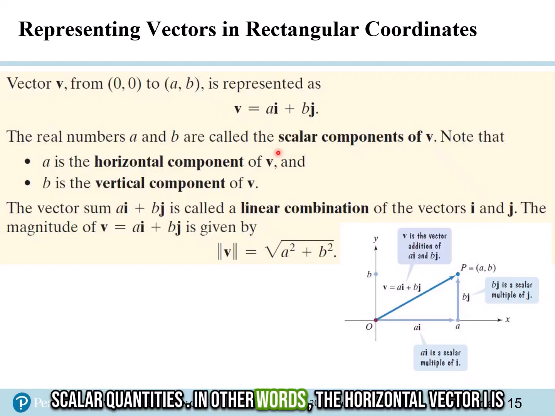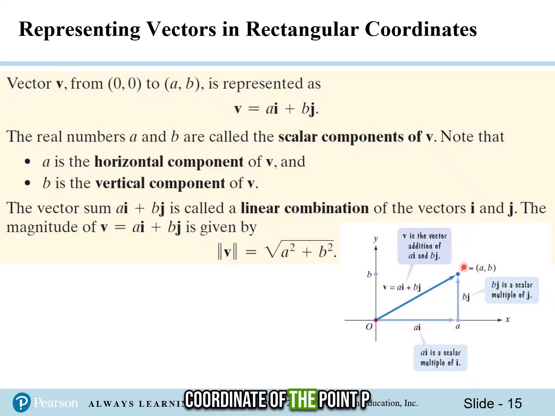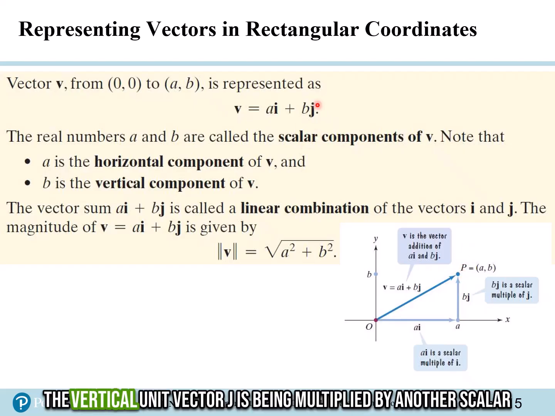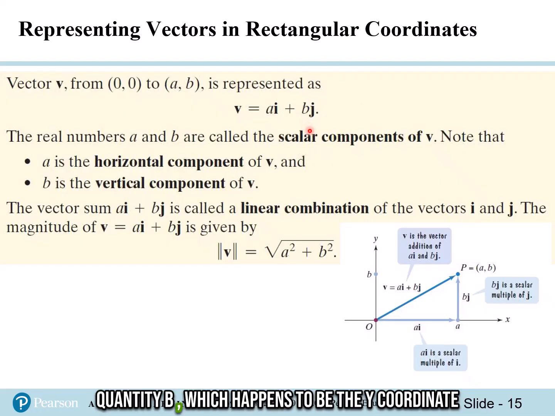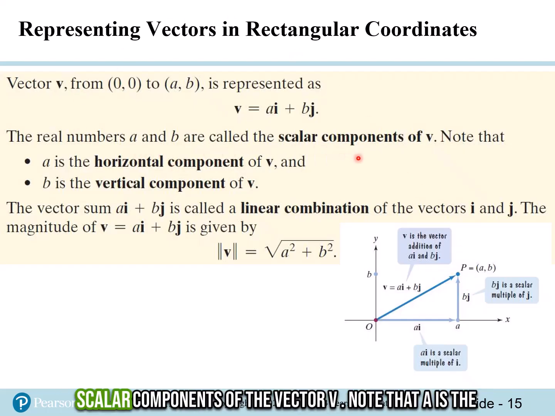In other words, the horizontal vector i is being multiplied by a scalar quantity a, which is the x coordinate of the point P, and the vertical unit vector j is being multiplied by another scalar quantity b, which happens to be the y coordinate of the point P. So the real numbers a and b are called the scalar components of the vector v.